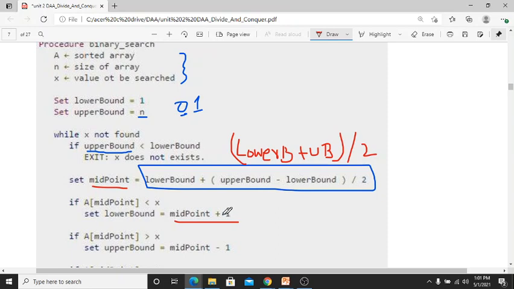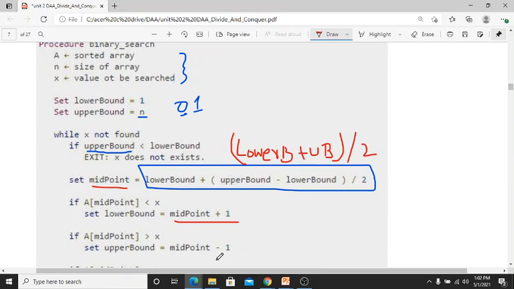If A of midpoint, the mid value you got, is greater than x, the value you are looking for, then set upper bound equal to midpoint minus 1.